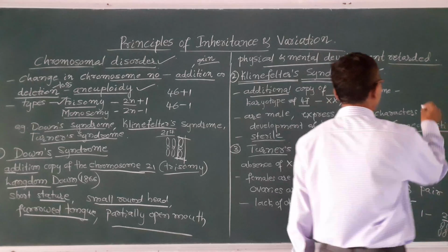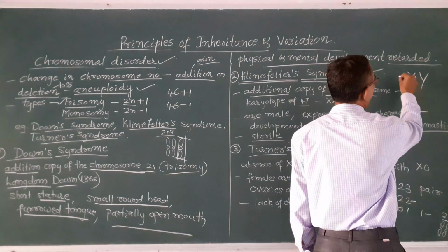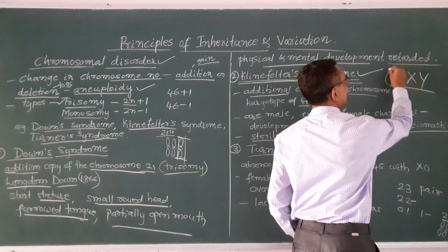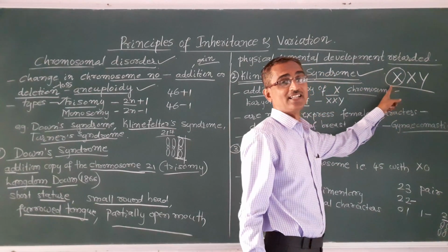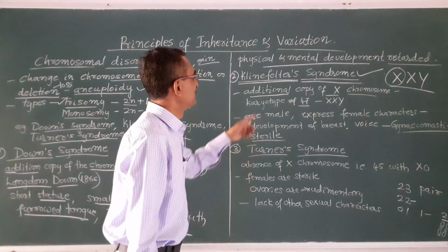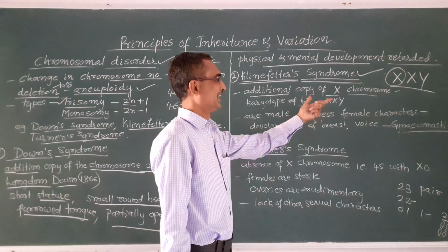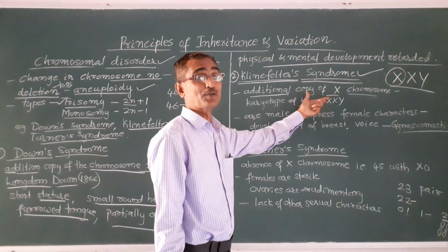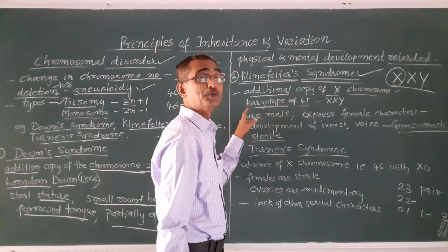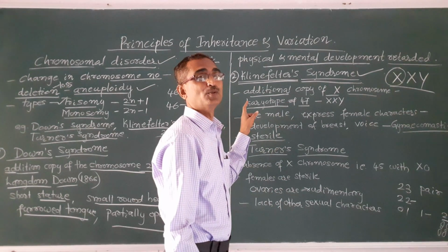Normally we have XY, and here one X chromosome is added. So the additional copy of the X chromosome results in the karyotype. Karyotype is the chromosome structure, the collection of chromosomes.